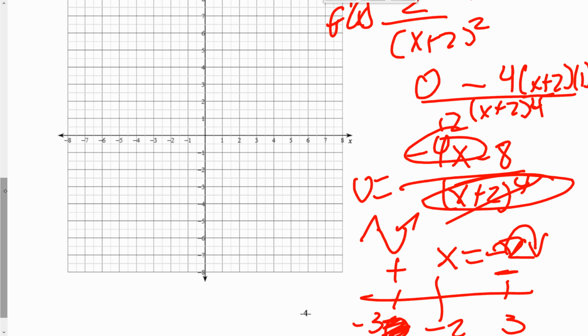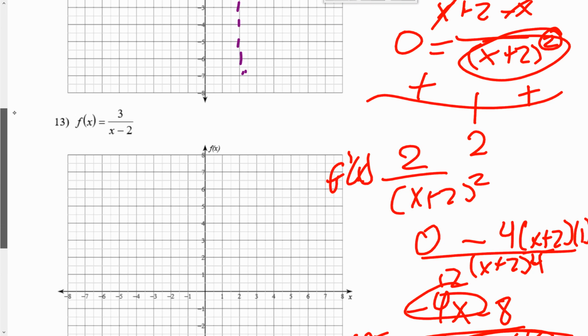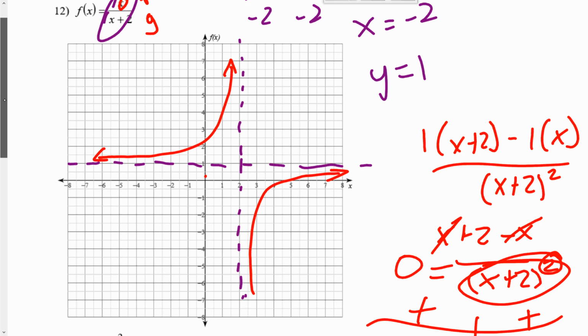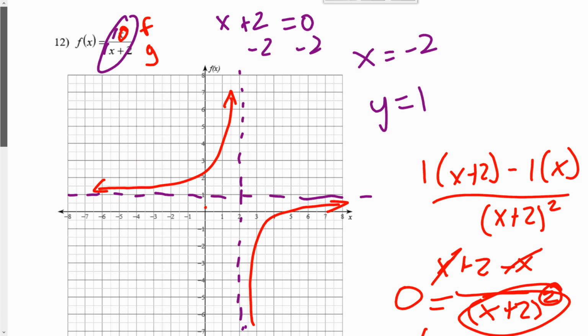And we can kind of see that already. At negative 2, our graph is going up, increasing, and over here it's decreasing. Where did I get that point, 0, 0? That was from the original, right? Yeah, plugging in 0, I get 0.